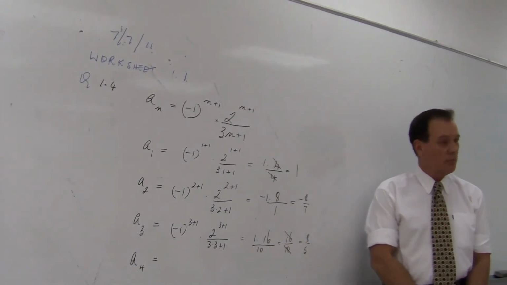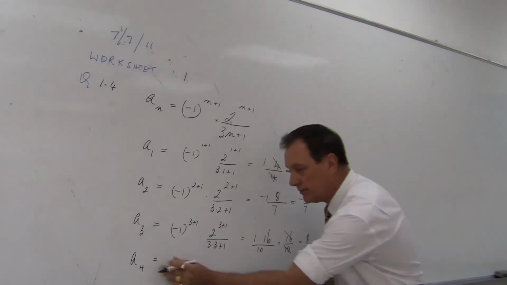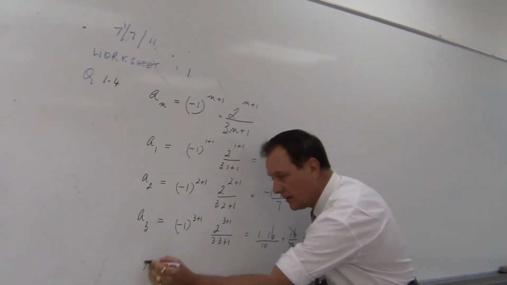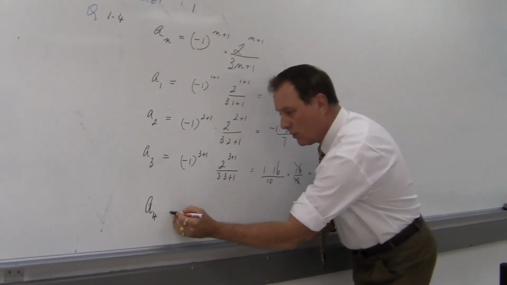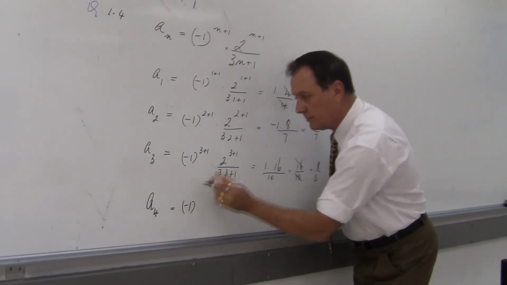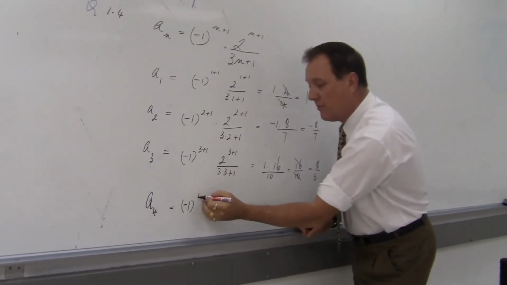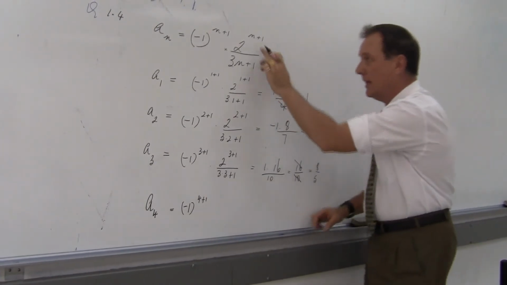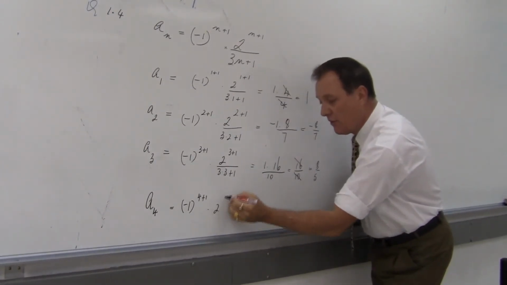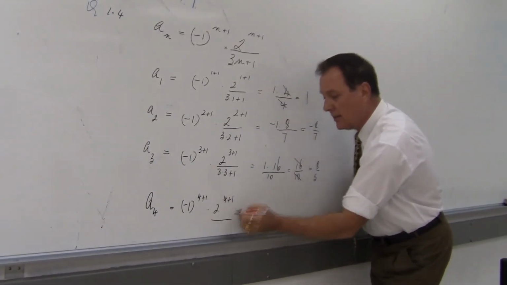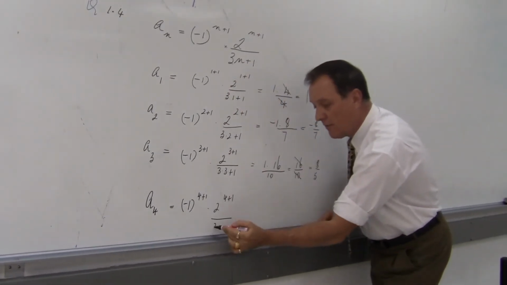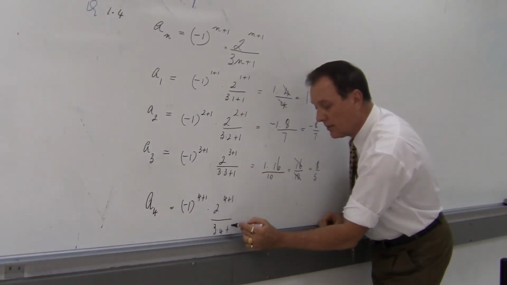Our fourth term. Here we go. I might move that down a little bit. A4, -1, n gets replaced by 4. Here we've got 2 to the power of 4 plus 1. Down here, 3 times 4 plus 1.